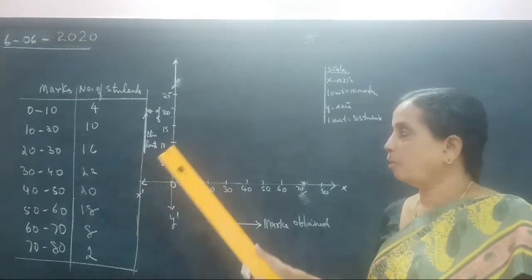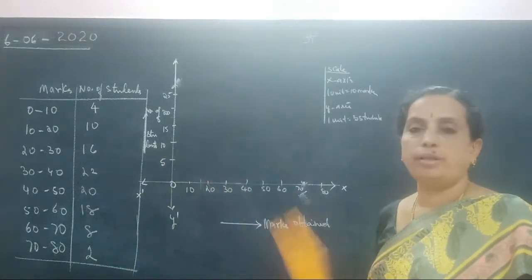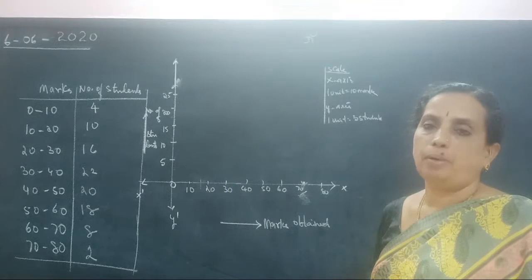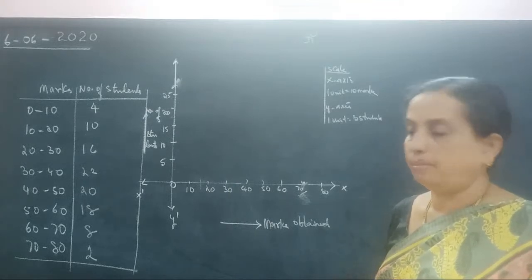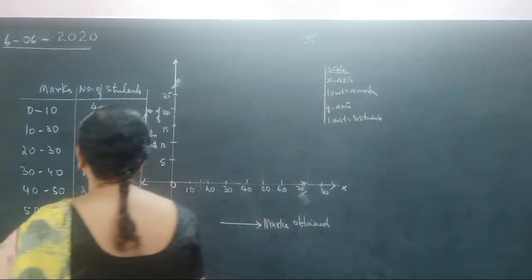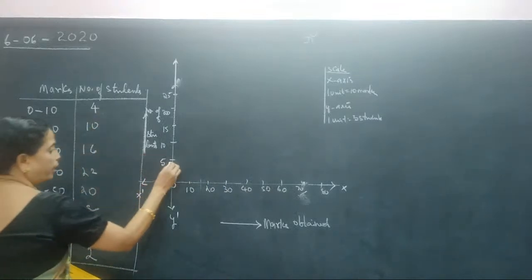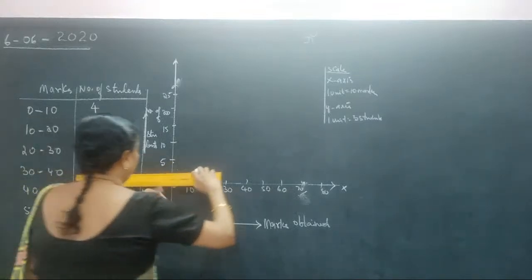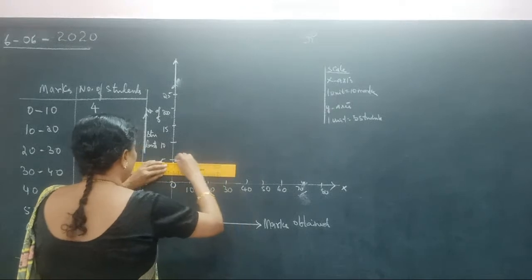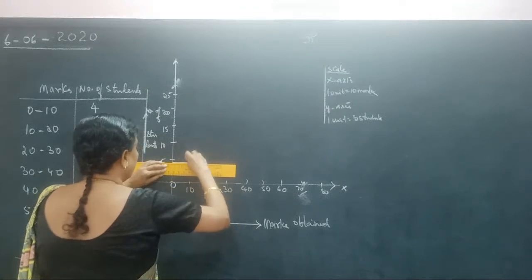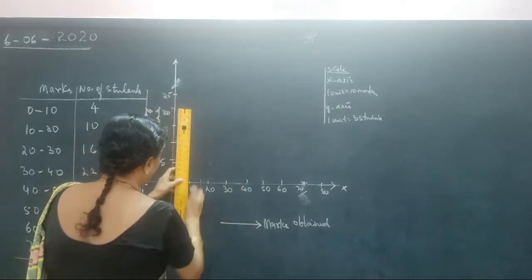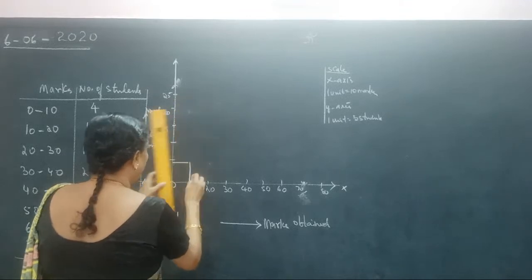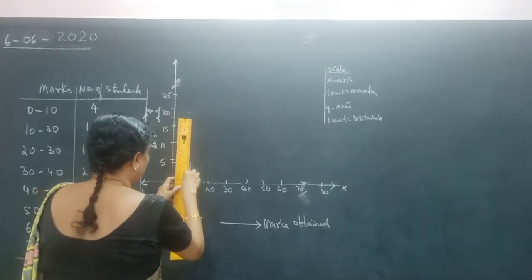Now take the class intervals one by one along with the frequency, and plot them on the graph paper. 0 to 10 has 4 students, so the 8th division will be the 4 students part. At the 8th division, make a horizontal line and get a rectangular box like this.